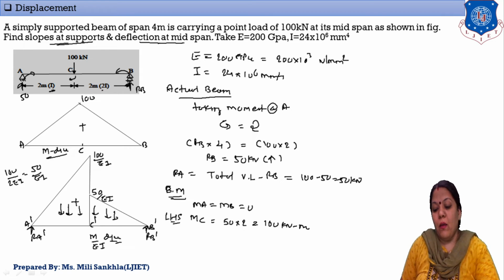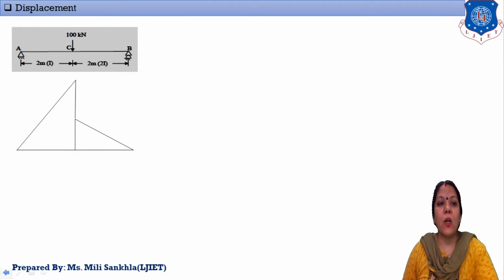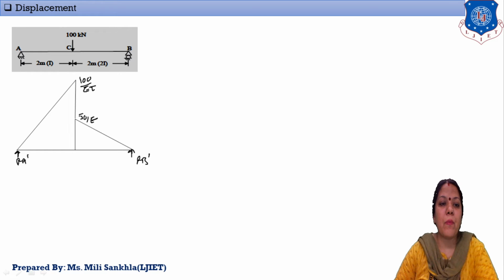Clear? Next. Here again we complete this figure, and then we find our support reactions. This is our conjugate beam diagram, with RA dash and this support reaction RB dash. Here we have 100 by EI, and this value is 50 by EI.